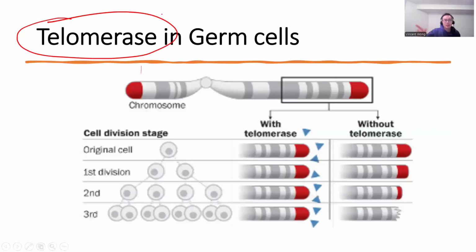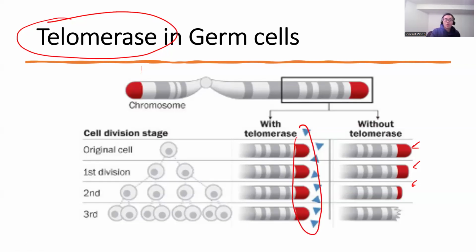Telomeres are the repeats that are at the ends of the chromosomes, and they get shorter and shorter every time your cell divides. Telomerase is the enzyme that will rebuild the telomeres. So without telomerase, the telomeres get shorter and shorter, but with telomerase, you maintain the telomere length.